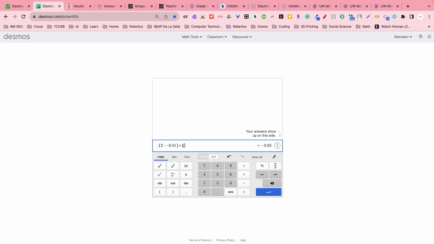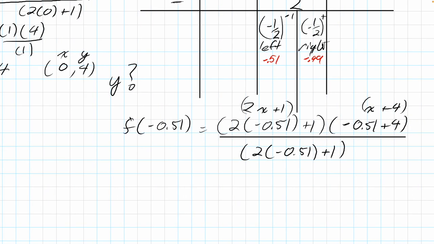And then all of this can be divided by the exact same thing, but on top we also have to multiply by negative 0.51 plus 4. There we go, we've got our number. It looks like 3.49. So this is going to 3.49.